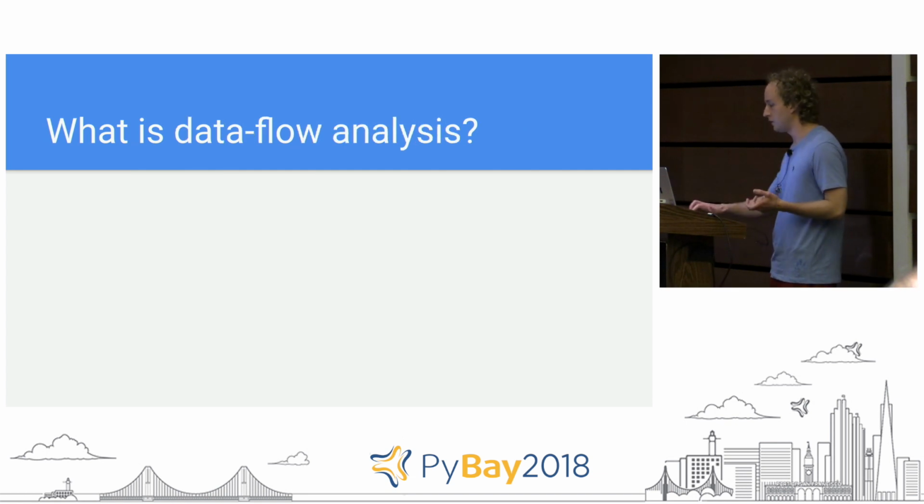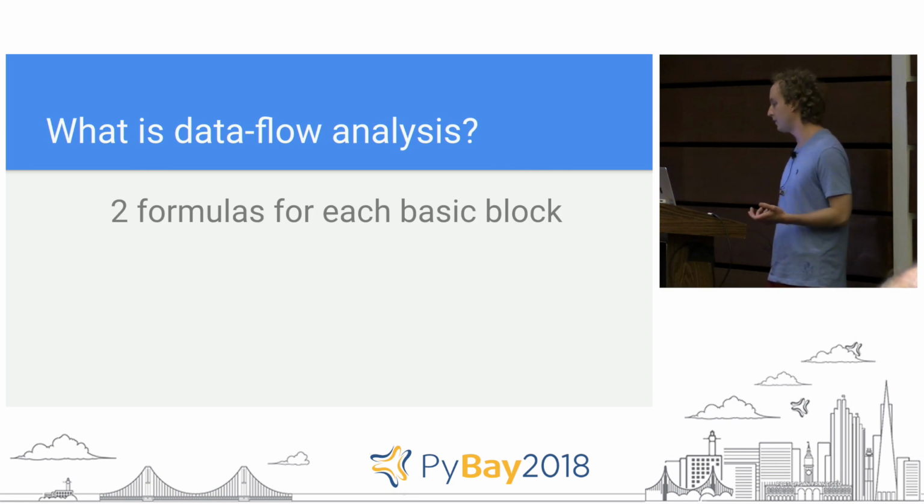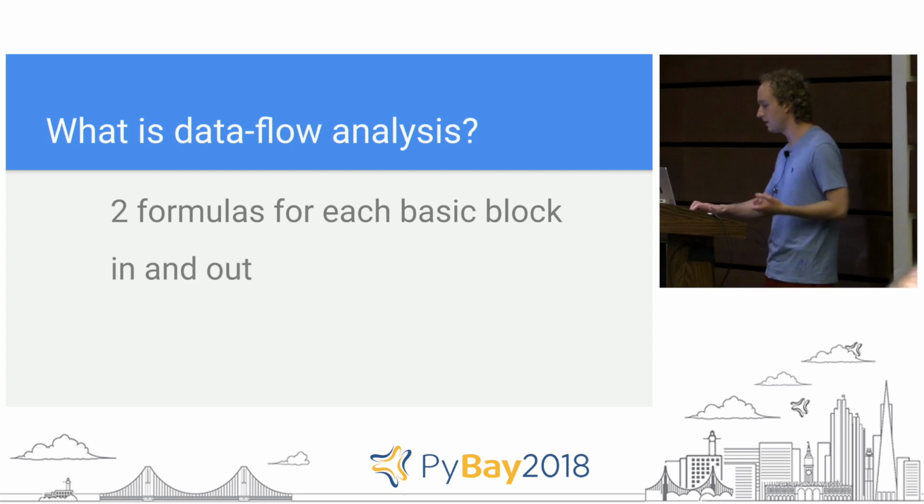And once we have a control flow graph, we can do what is called data flow analysis. Data flow analysis is similar to control flow analysis, but instead of the possible execution paths, it's how variables flow through your program. And how we do data flow analysis is there are typically 2 formulas for each basic block inside the control flow graph: one for in and one for out.